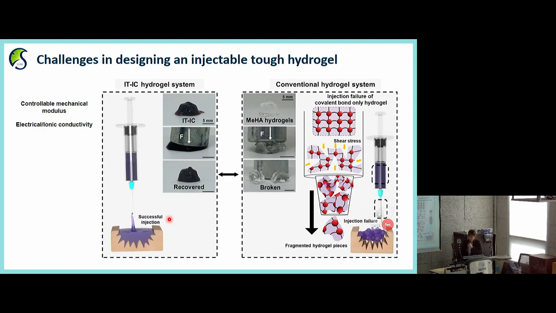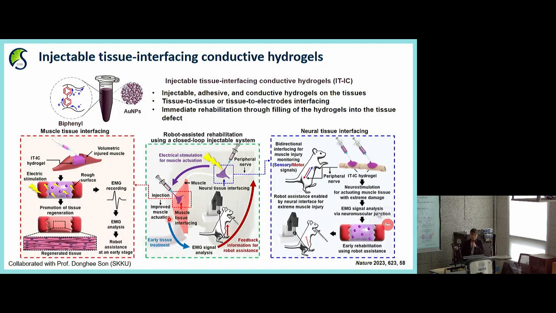So using these hydrogels, we would like to demonstrate the full system. Our hydrogel is injectable and still conductive thanks to the gold nanoparticles. We can fill this hydrogel into a tissue defect, for example in muscle tissue.